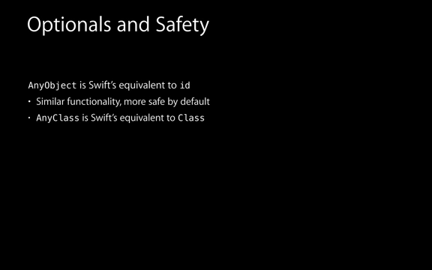So, wrapping up here, AnyObject is Swift's equivalent to id. The functionality is similar, the ideas are similar, and the uses are similar. However, it's more safe by default. Now, we didn't talk about it, but there's also AnyClass, which is Swift's equivalent to Class and has most of the same behaviors.